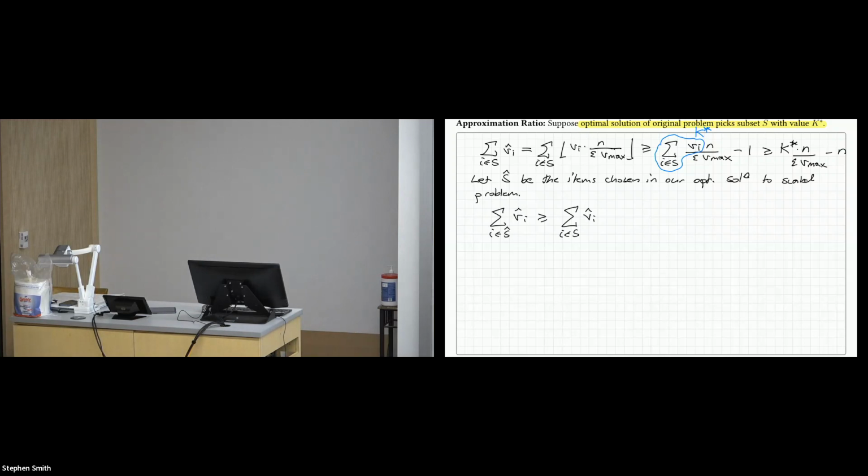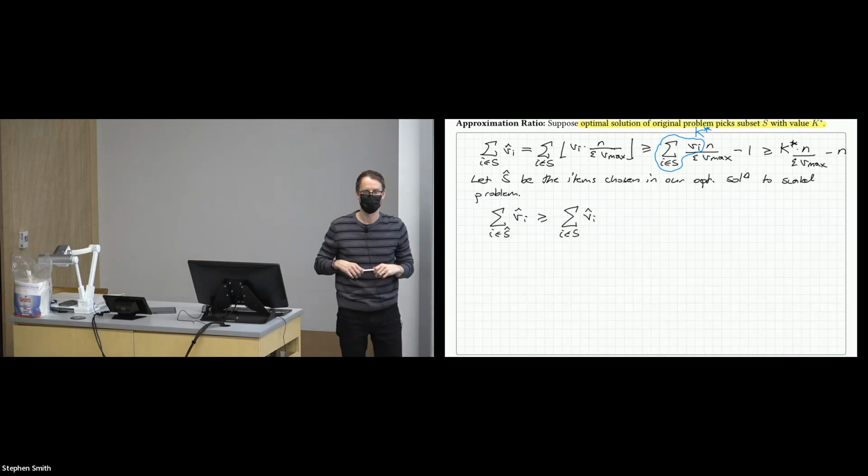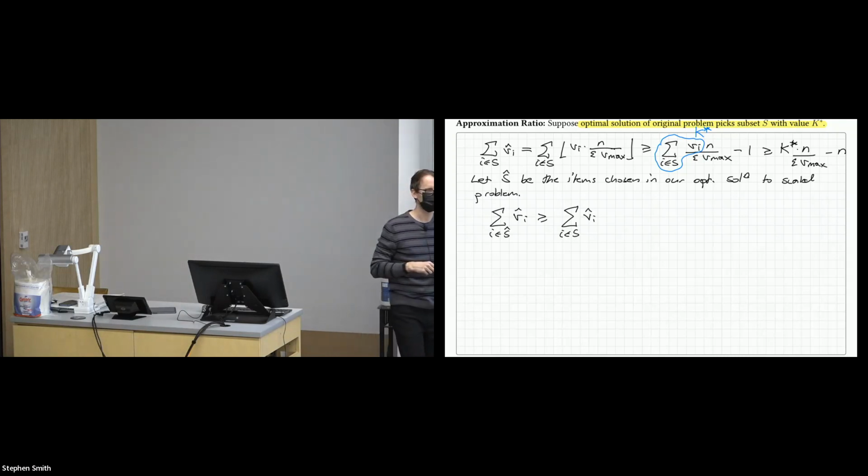Or can someone explain why I wrote that the sum of the scaled values in my optimal scaled solution has to be better than the sum of the scaled values in the optimal solution to the original problem? Is that logic making sense?